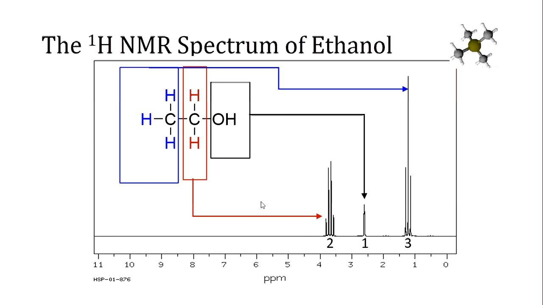The CH2 in the middle of the molecule corresponds to the highest chemical shift peak, around 3.7 parts per million. And it has that high chemical shift because those hydrogens are bonded to a carbon atom that's bonded to an oxygen atom. And then the OH group has a chemical shift of around 2.6 in this case, and you can see that there's only one peak there, it's not split into weird things.